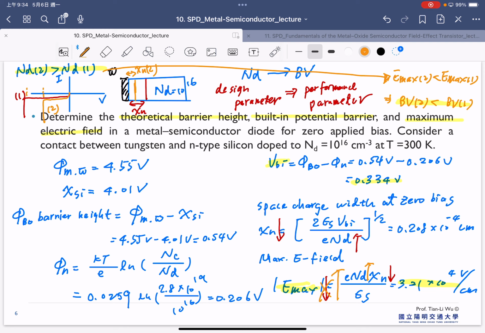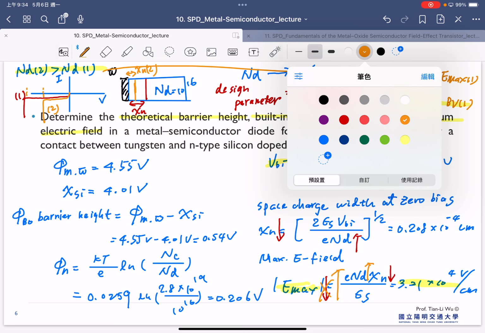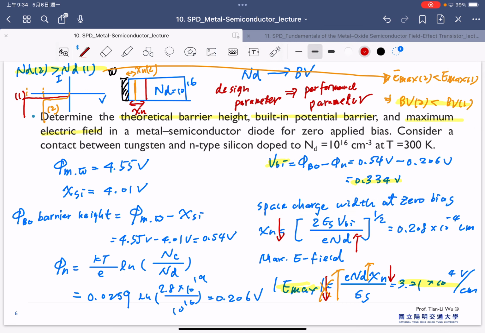This is because the breakdown is usually triggered by the E max, which should be smaller than our critical electric field for one specific semiconductor. That's what we call the E critical. It depends on the different material we have, with a different critical electric field.